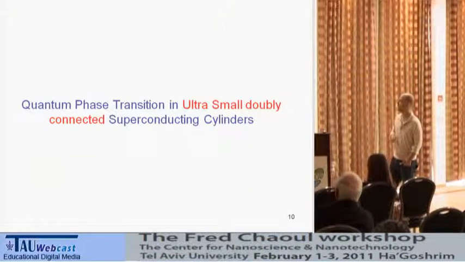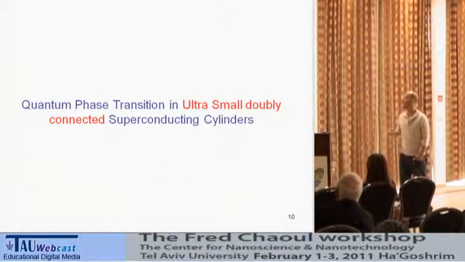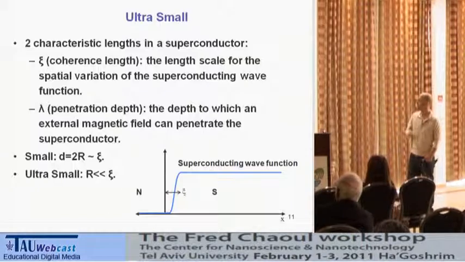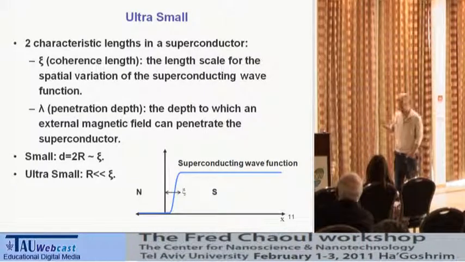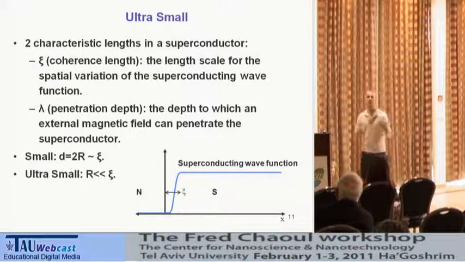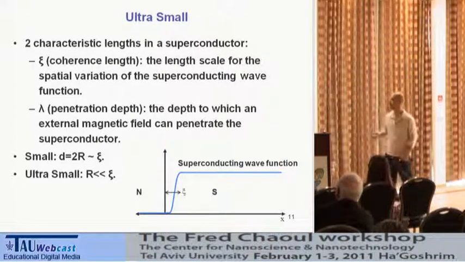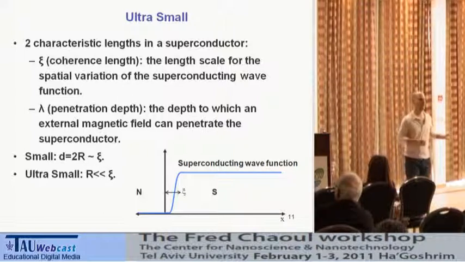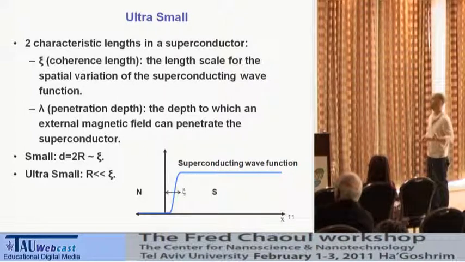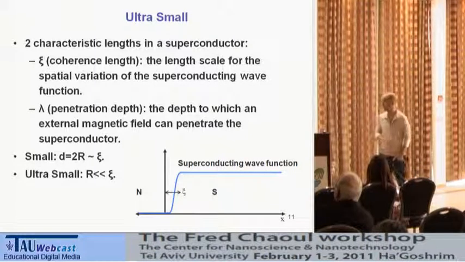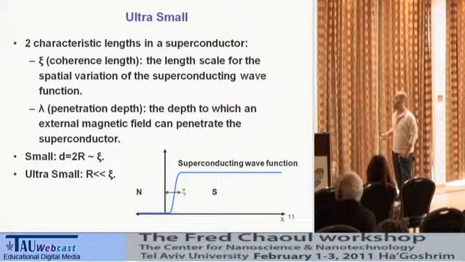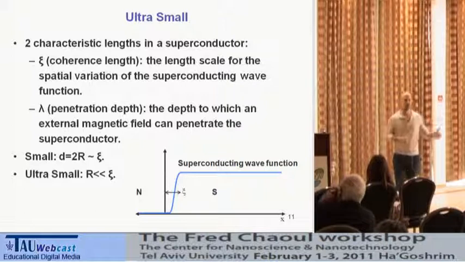We still need to talk about what is ultra small and what is doubly connected. Saying something in physics or in science is big or small doesn't make any sense unless you compare it to something else. And in the case of superconductivity, we have two lengths that we can compare a sample to. One of them is the penetration depth, denoted by lambda, not so important for our study, and it basically gives us the penetration of the magnetic field into a superconductor.